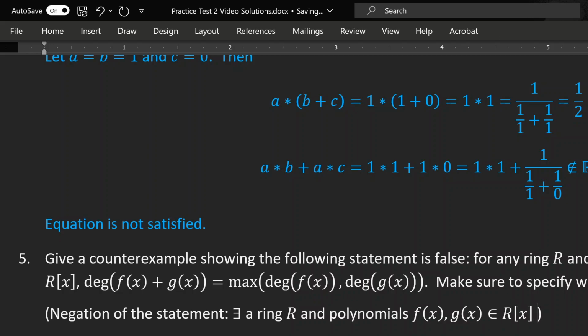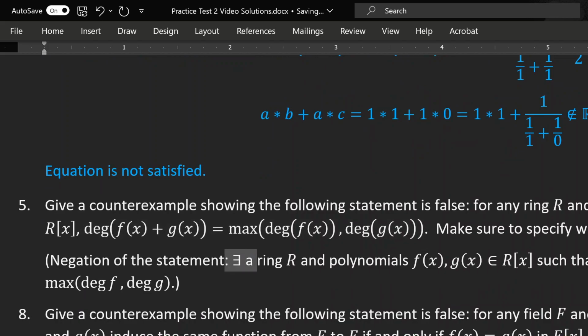And since we are using "there exists", we need the words "such that" here for the English grammar. Such that deg, I'm just going to abbreviate this, deg(f plus g) does not equal, so we're negating the inside statement here, max of deg f and deg g. I'm just doing a little bit of abbreviation, leaving out the x's there.